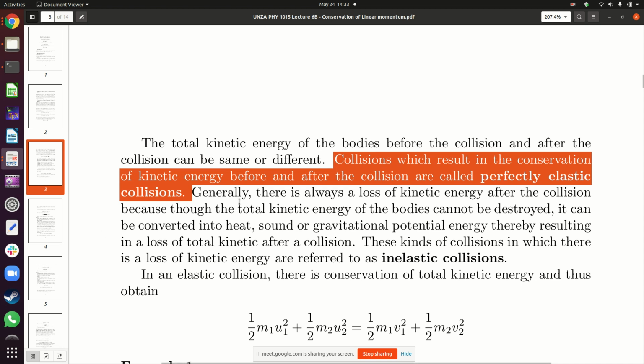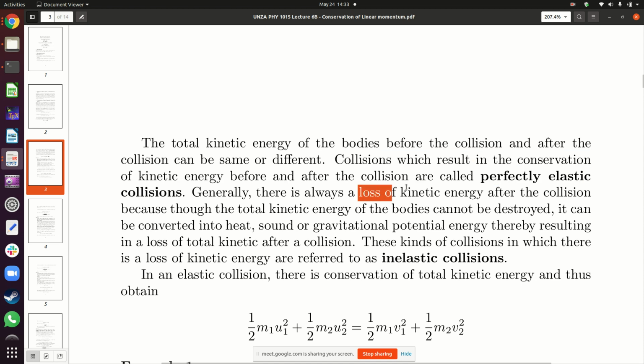Usually, there is some loss in kinetic energy because of friction, heat, sound, and sometimes a change in potential energy. If there is a change in potential energy, then the collision is not going to be elastic. If the kinetic energy is not the same, we call such collisions inelastic collisions.